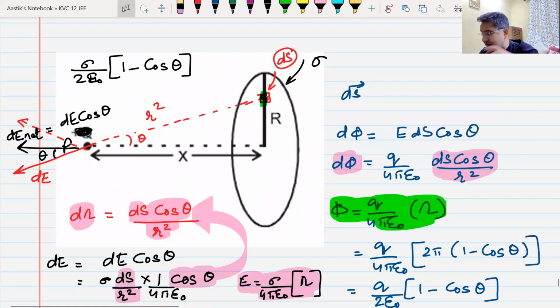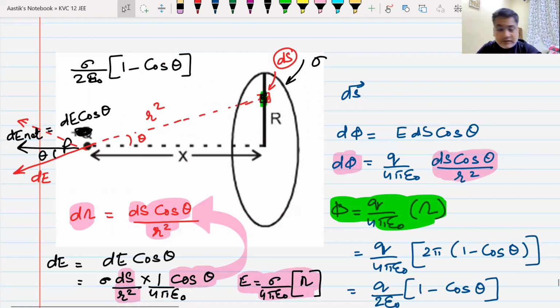Remember this concept, because if you ever get a question on finding the flux through a circular part, this is what you might need. Everyone remembers this? Yes or no? You are only expected to find this question in JEE Advanced, not in JEE Mains, because this is probably beyond the domain of JEE Mains.